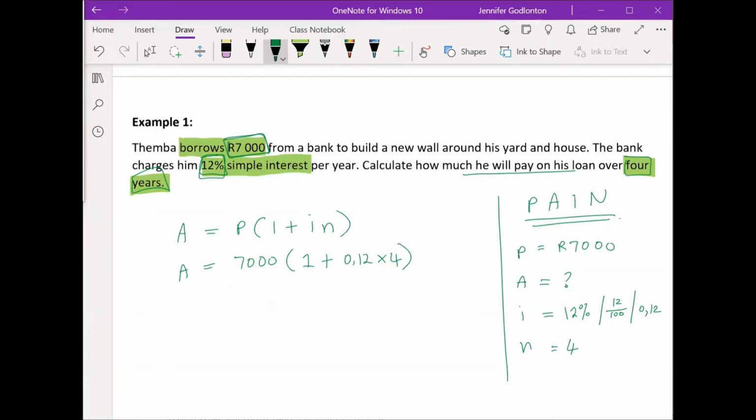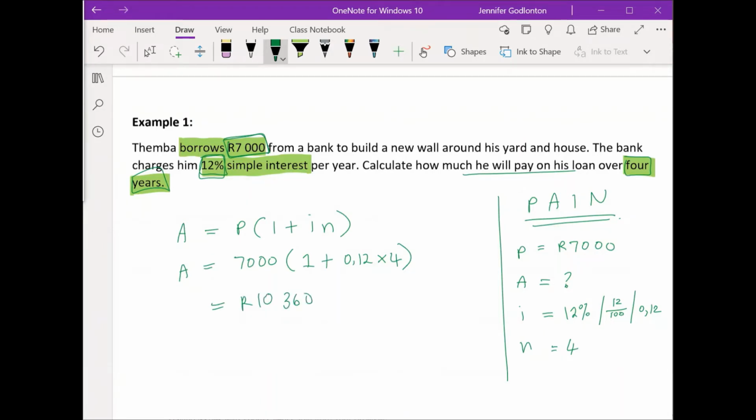So grab your calculators, put that whole line in. Okay, we've got some answers coming in. Beautiful.